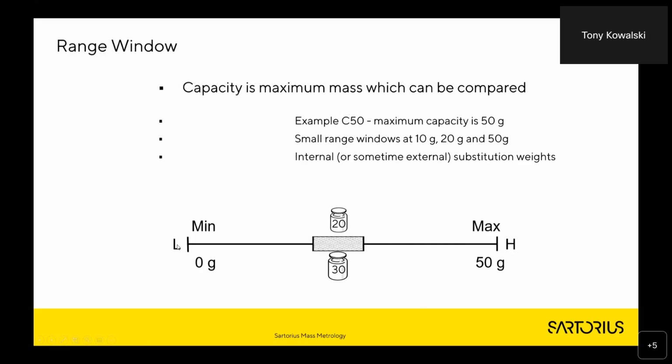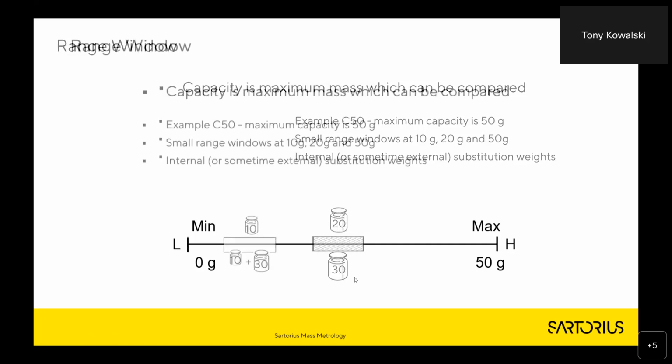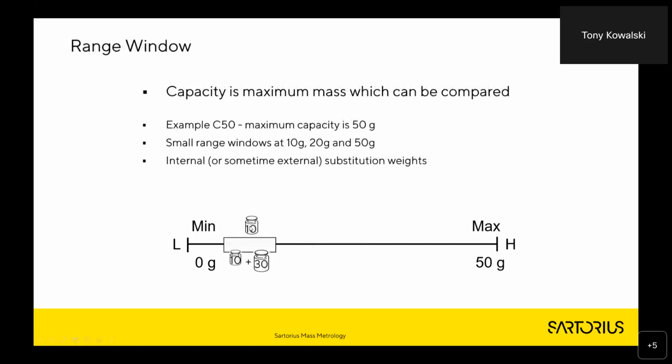We would still see L until we place our 20 gram reference on, and then we've got again this window because the total weight is 20 grams on the outside on the weighing pan and an internal substitution weight of 30 grams. So we're able now to compare 20 gram weights. And again, if we want to test a 10 gram, we have two internal weights, a 10 and a 30 gram.